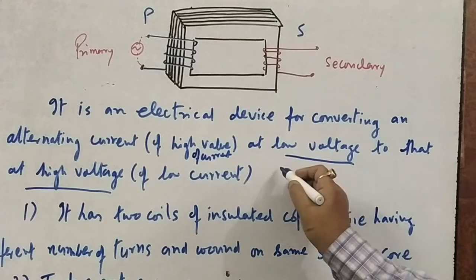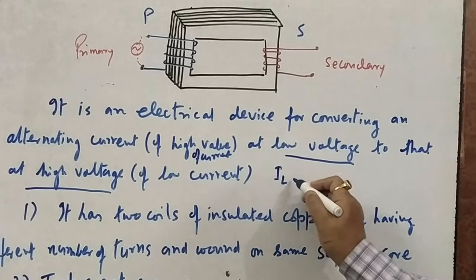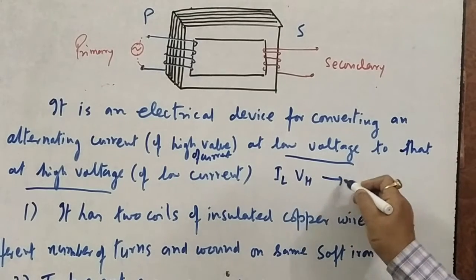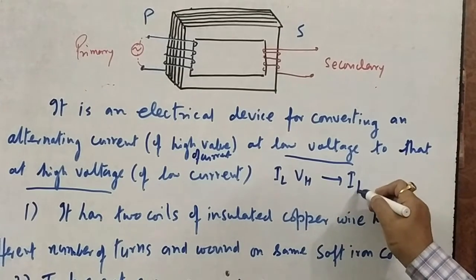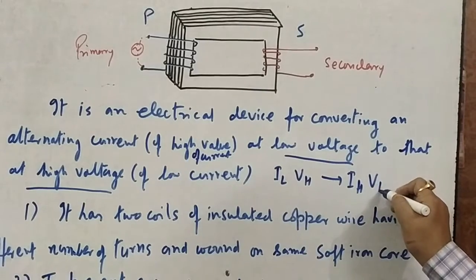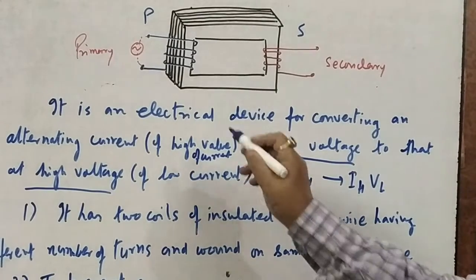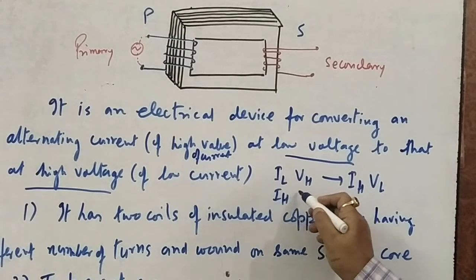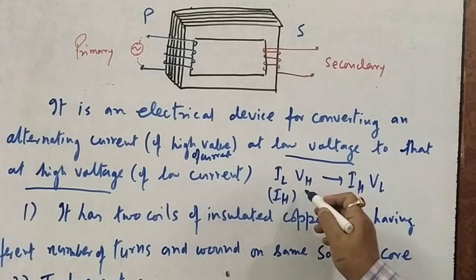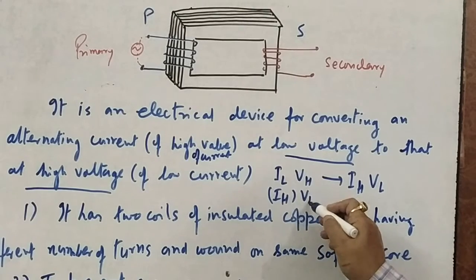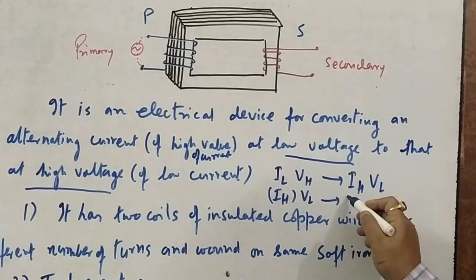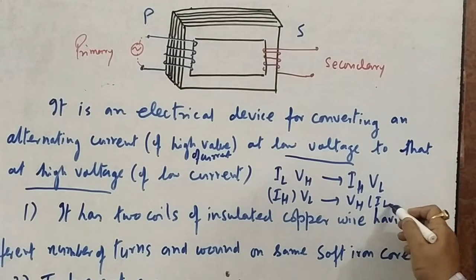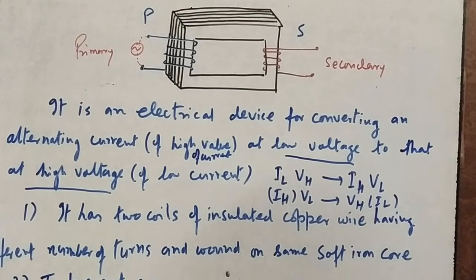That means if current is low, then voltage is high, and that is converted into current high and voltage low. In the same way, here in the present scenario, current high at low voltage is converted into high voltage, but current becomes low. This is how we have this transformer.